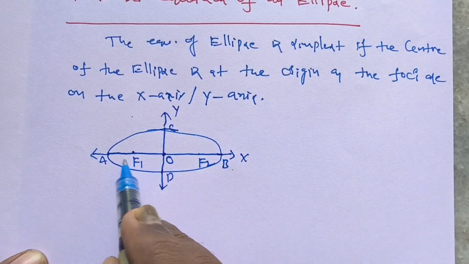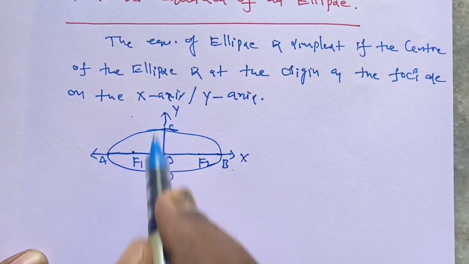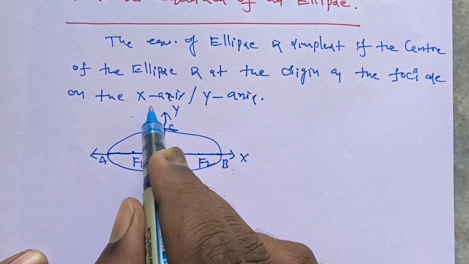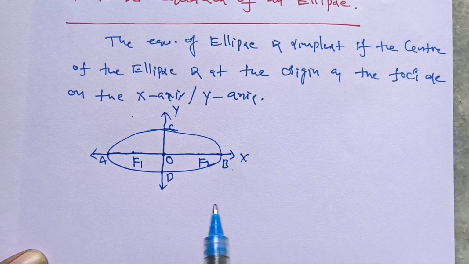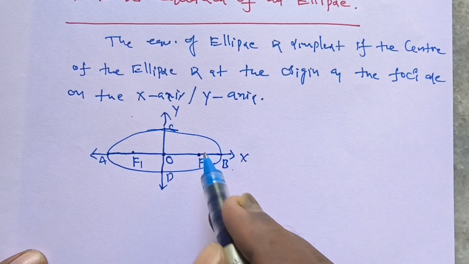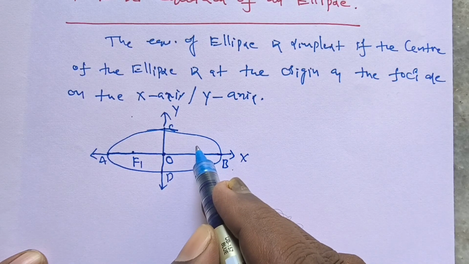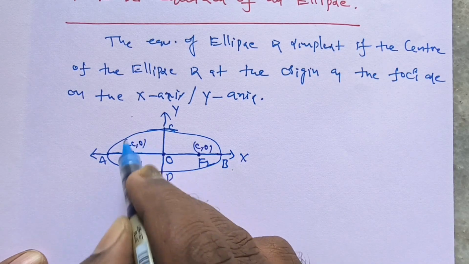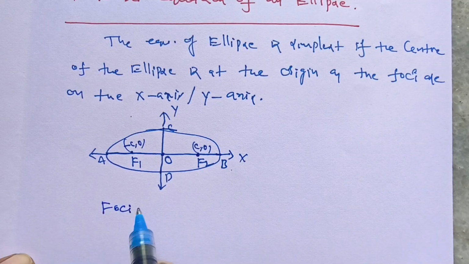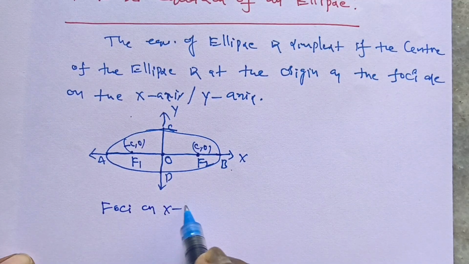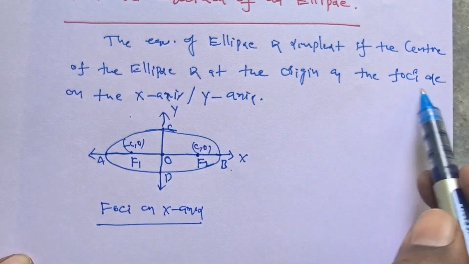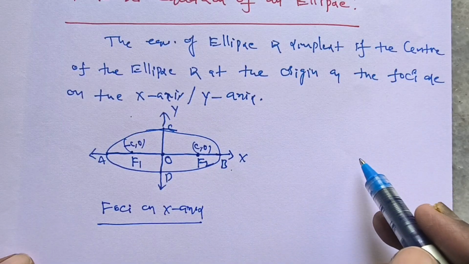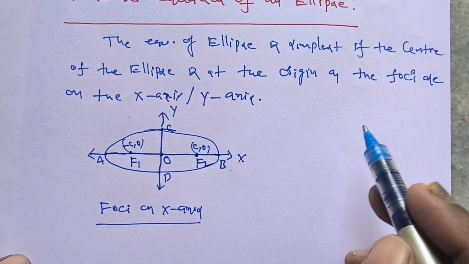This is the x-axis and this is the y-axis. Here the foci lie on the x-axis. We know the coordinates of F1 and F2 here: c comma 0 and minus c comma 0. So this figure represents foci on the x-axis.